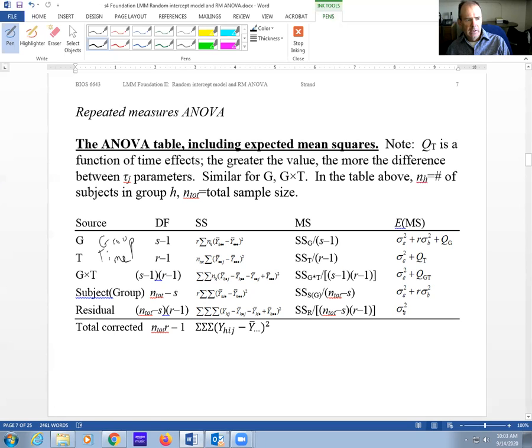Now, if we look at the group effect, we have this quantity here. When there are no differences between the group effects, what are we left with in that quantity?